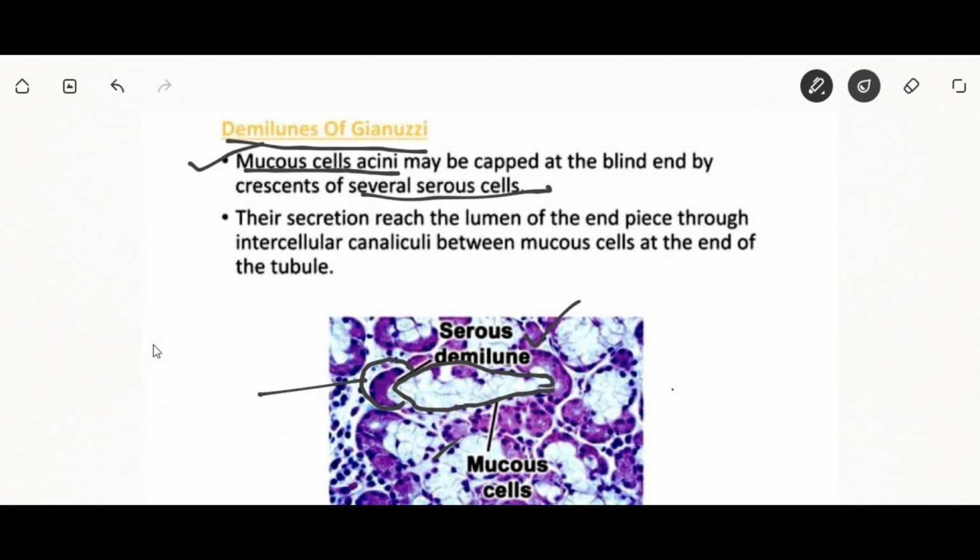These are the serous cells at the distal end of the mucous tubulo-alveolar secretory unit of certain salivary glands. When the gland has this demilunar structure, it produces both serous and mucous secretion, and that is why it is known as the mixed type. Their secretion reaches the lumen of the end piece through intercellular canaliculi between mucous cells at the end of the tubule.